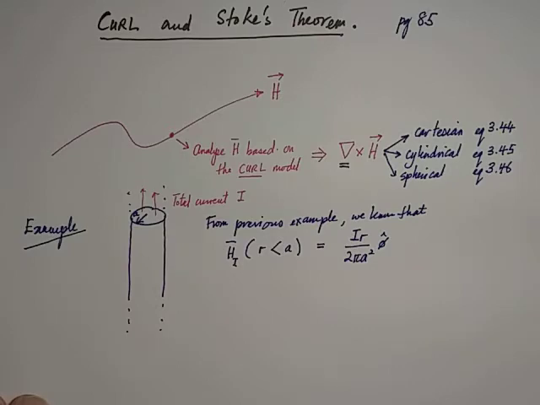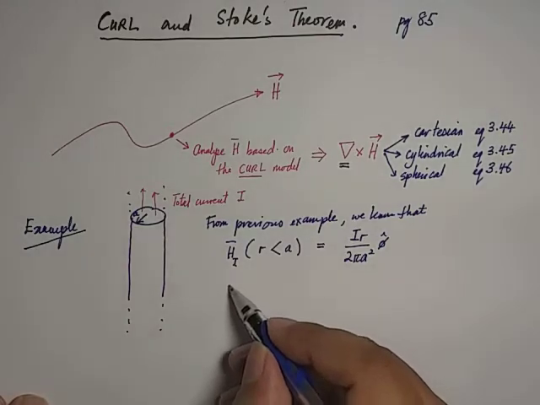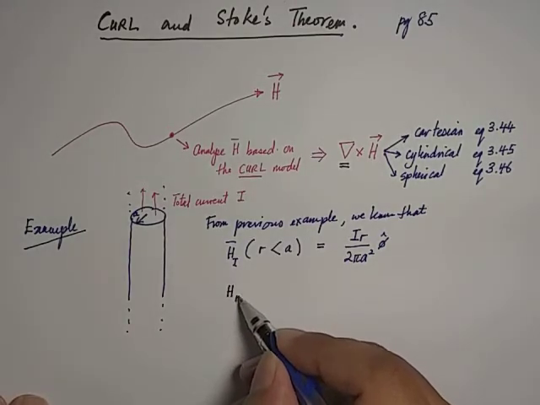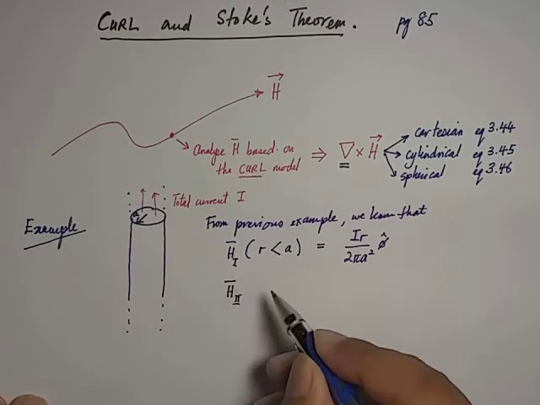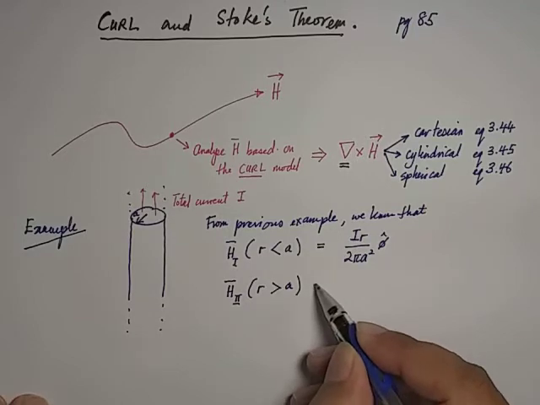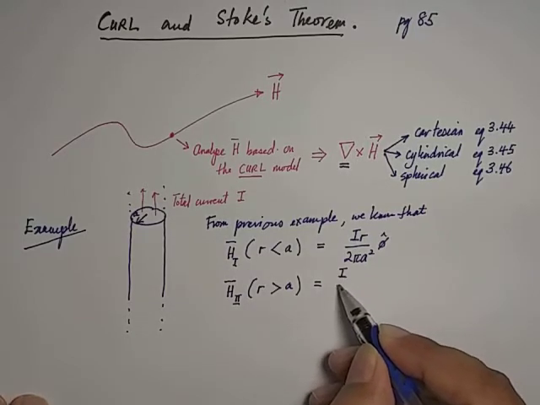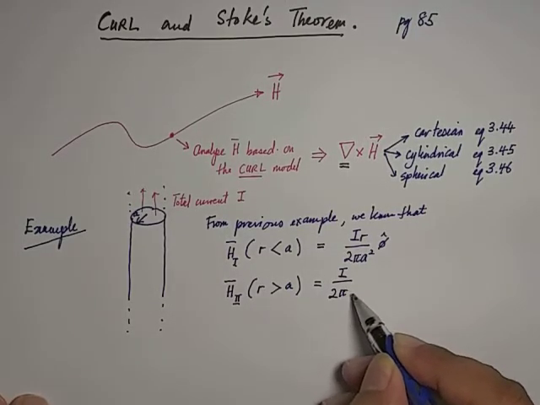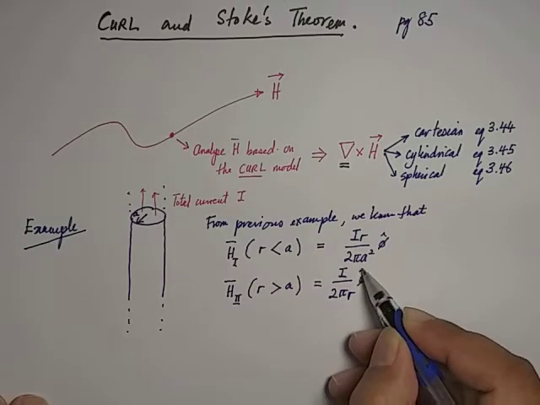That is our solution. We have also determined H in region 2, where H2, r greater than a, equals I divided by 2 pi r in the phi direction.